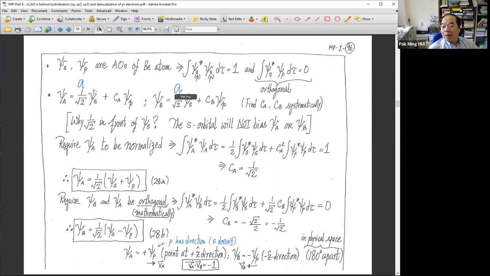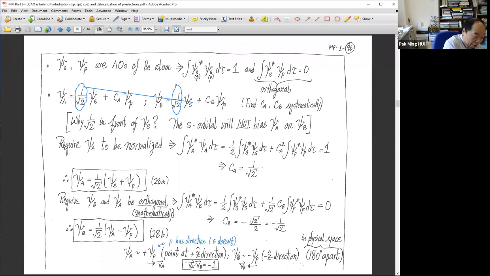But I already argued the s is to be evenly donated to the sp hybridized orbitals, 50% there, 50% there by probability. Therefore, the probability amplitude, I have this already known. This is why we have this 1 over square root 2 here.